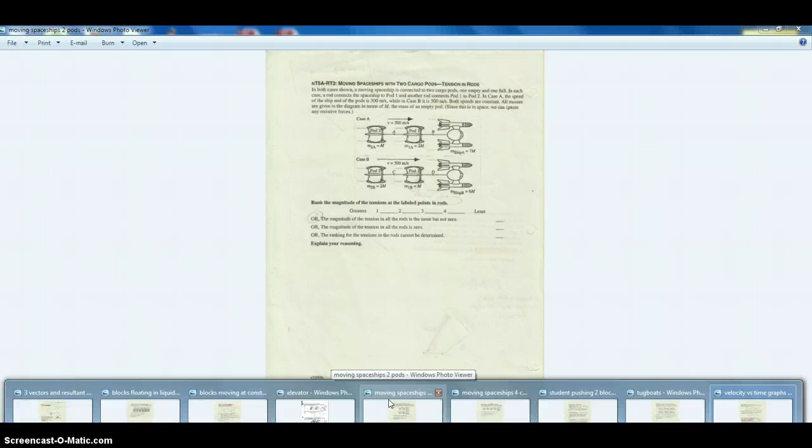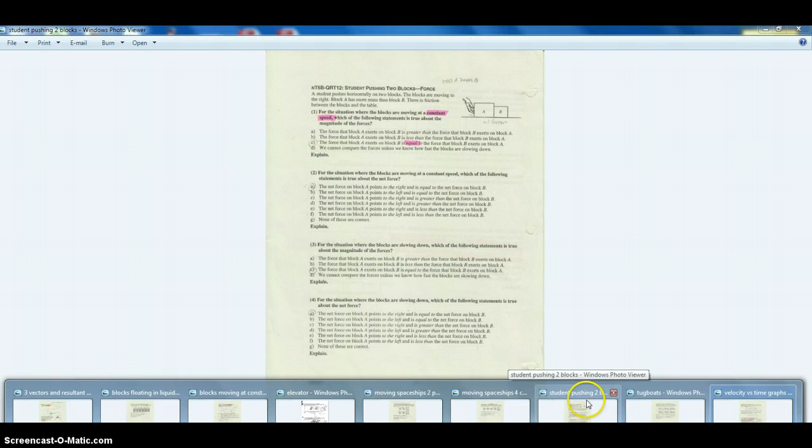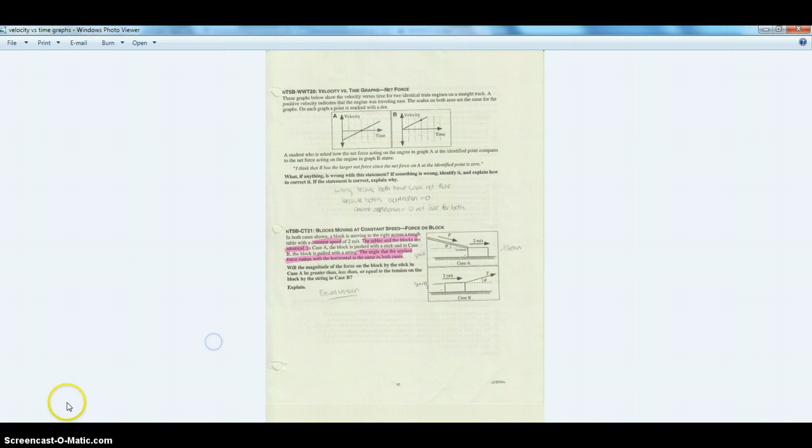Moving spaceships with 2 cargo pods, NT5A-RT3. Moving spaceships with 4 cargo pods, NT5A-RT1. Student pushing 2 blocks, NT5B-QRT12. Tugboats, NT5B-RT5. And velocity versus time graphs, NT5B-WWT20. And that's all for my screencast.